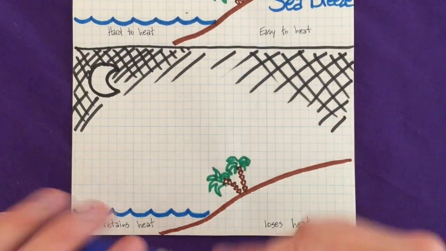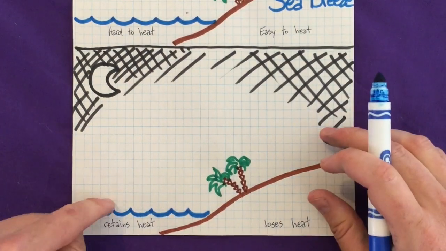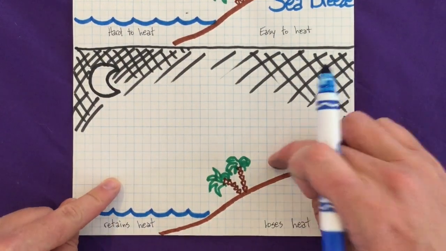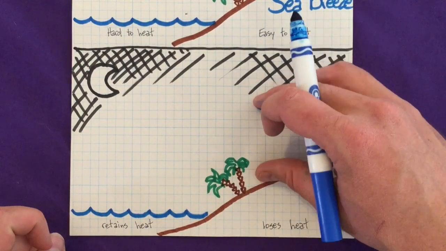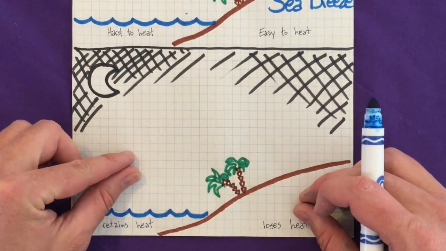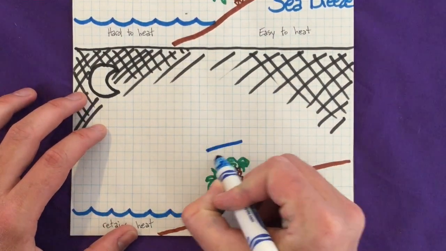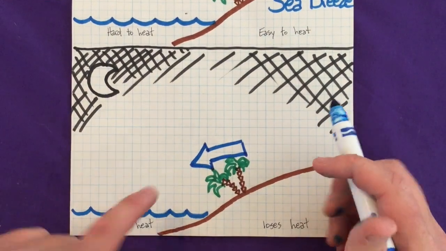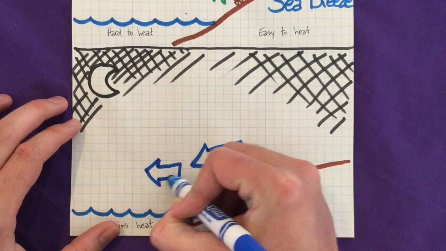So at night, the air over the water is actually a little bit warmer than the air over the land. If this land is cooler and more condensed and this is warmer and more spread out, then you're going to get some air molecules moving this way to fill in those gaps, and it's going to warm up.